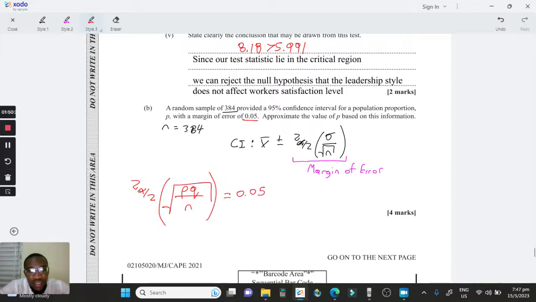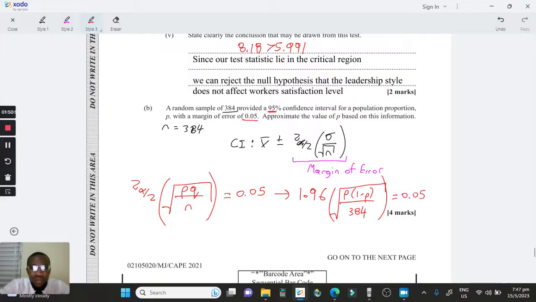This is at 95% confidence interval, and we divide it by 2, so it's really 0.975, which we already looked at, that was the 1.96. Q is 1 minus P, over n, n is 384, and we square root it, and this is 0.05.